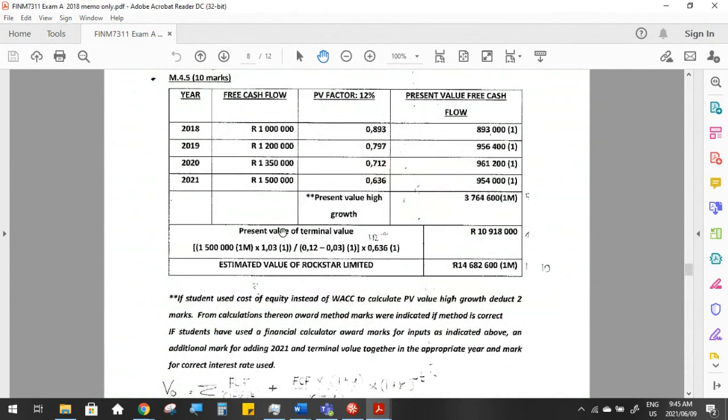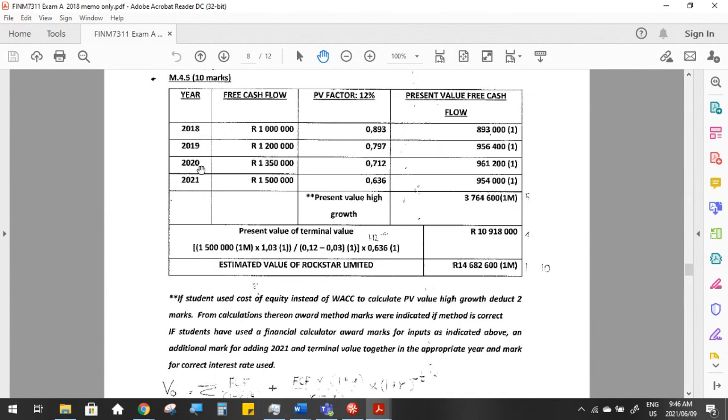Here we go. So remember, the layout is almost identical to the layout that you use for calculating the present value of a share using the dividend growth model with variable growth.